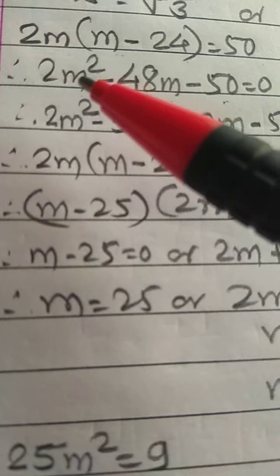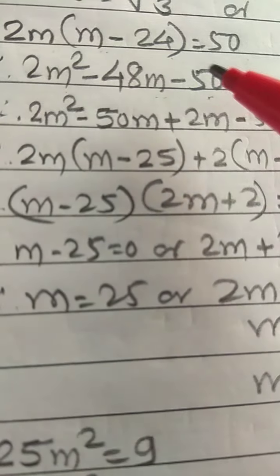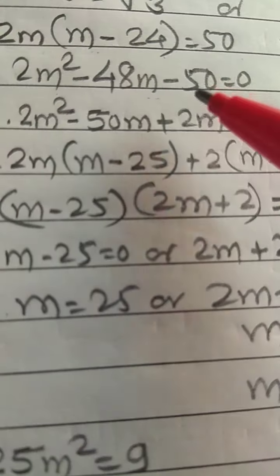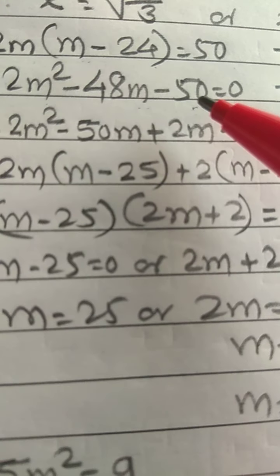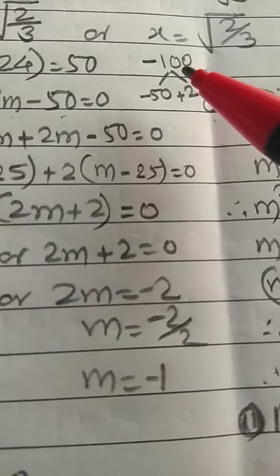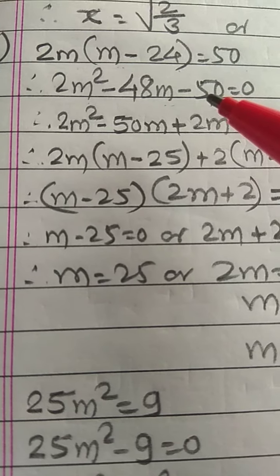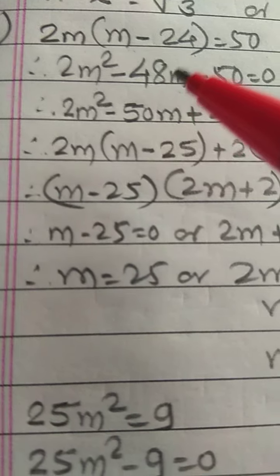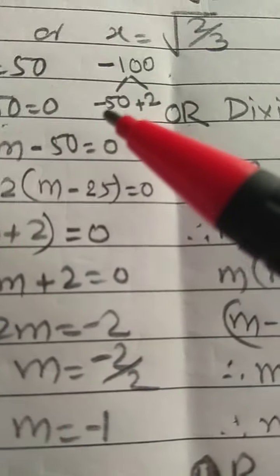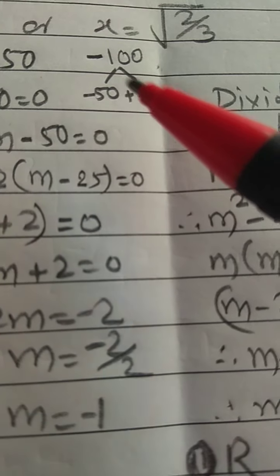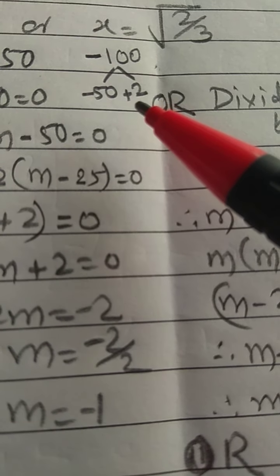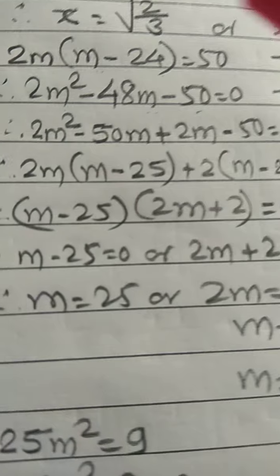Now this equation is of the form ax square plus bx plus c equal to 0. 2 into minus 50 will give you minus 100. See here, we want product as minus 100 and their sum as minus 48. Minus 50 into 2 will give you minus 100, minus 50 plus 2 will give you minus 48.